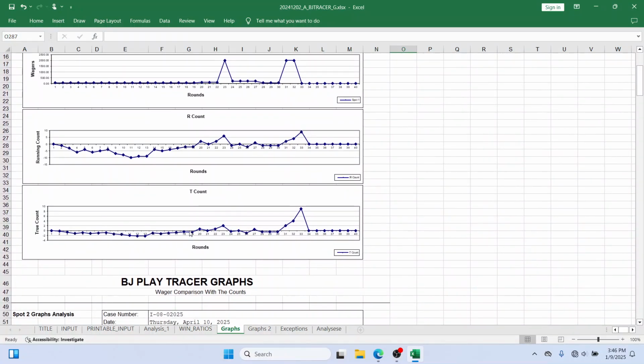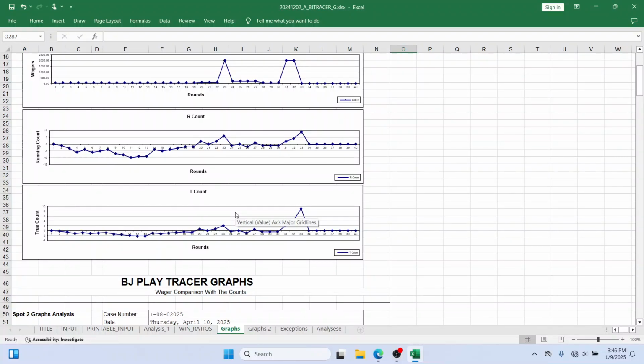I included the true count as well. If you don't know what the true count is, it's actually more accurate because it adjusts for how many decks are left inside the shoe. At the beginning of the game with a full shoe of 6 decks, if you're tracking the true count, you'll understand that the accuracy is not good.